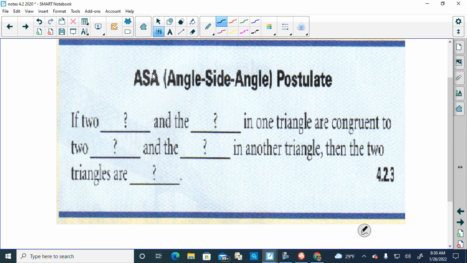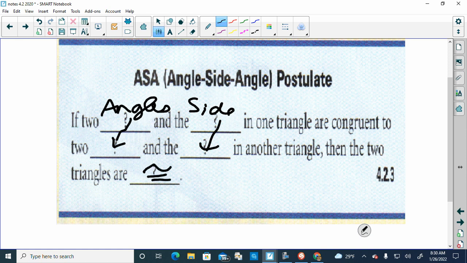So if 2 angles and the side in one triangle are congruent to the 2 angles and their side in another triangle, then the 2 triangles are congruent. Angle, side, angle. So it means there's 2 angles, but a side is in between.